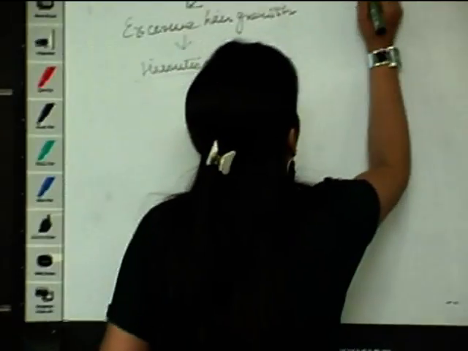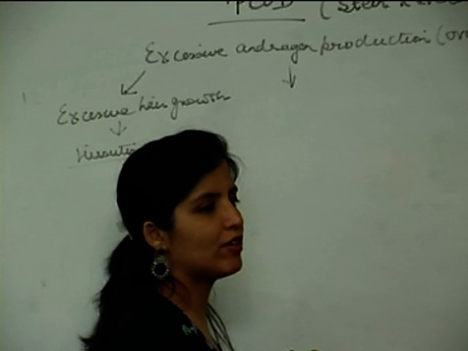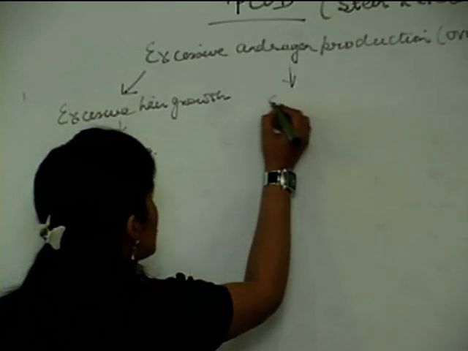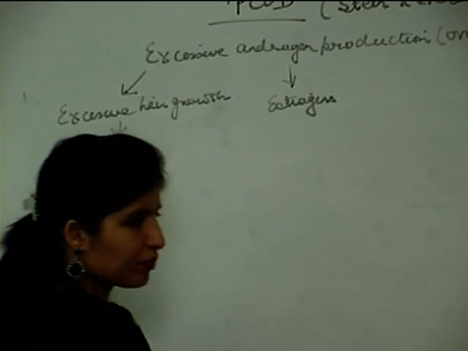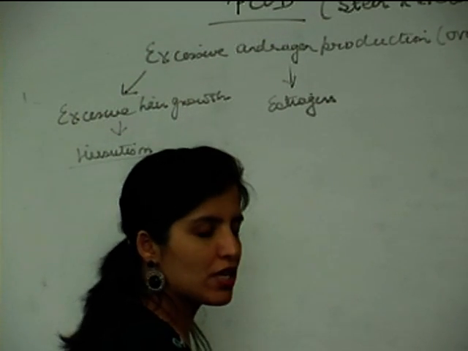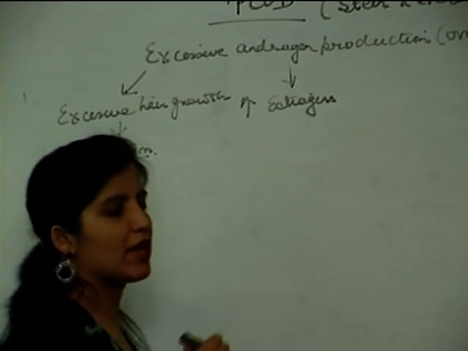Then these androgens in the female body will get converted into estrogens. Androgens are peripherally converted into estrogens. So this means there will be excessive estrogen in the female body.